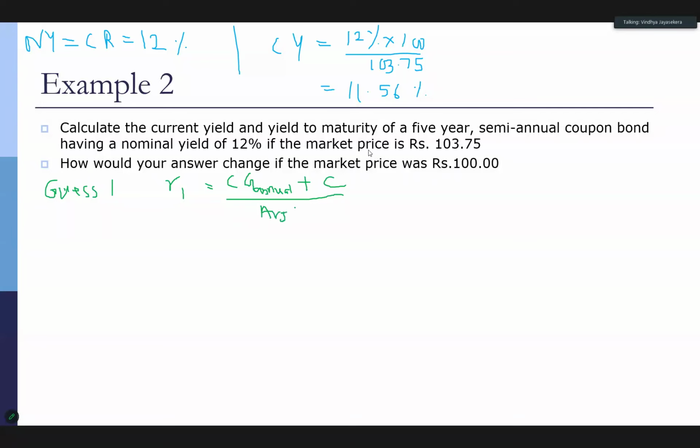Sorry, my mistake. I didn't use average price. So your annual capital gain is, this is a loss, right? I hope you all understood that this is a loss. You start at 103.75. At the end of the period, you get 100. So your capital gain is a loss. 100 minus 103.75.